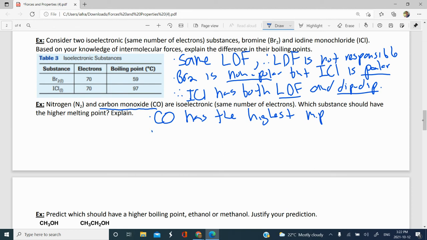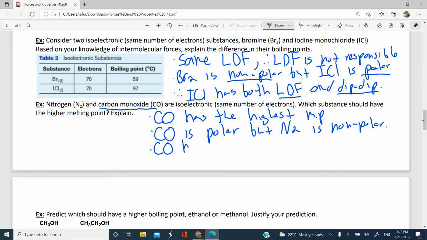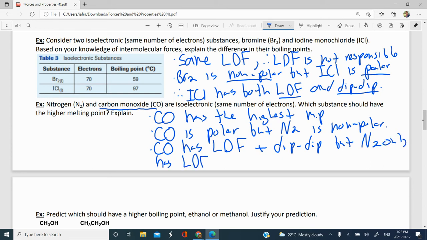And why? Well, CO is polar, but N2 is nonpolar. So what this means is that CO has LDF plus dipole-dipole, but N2 only has LDF.